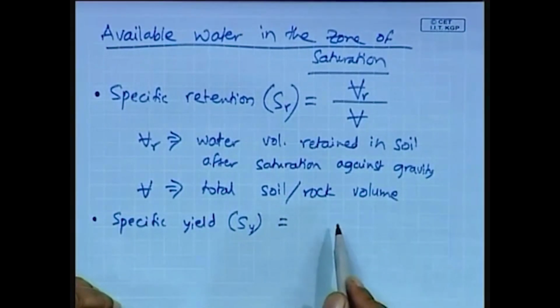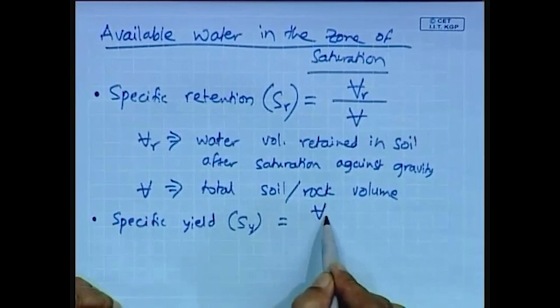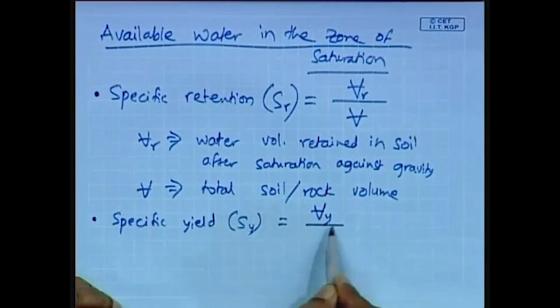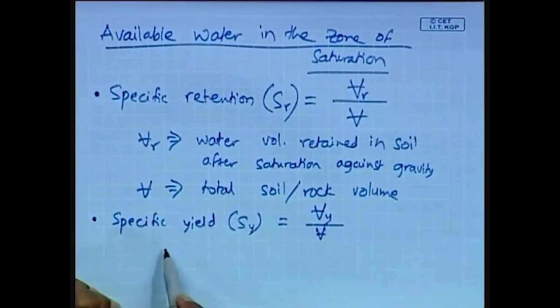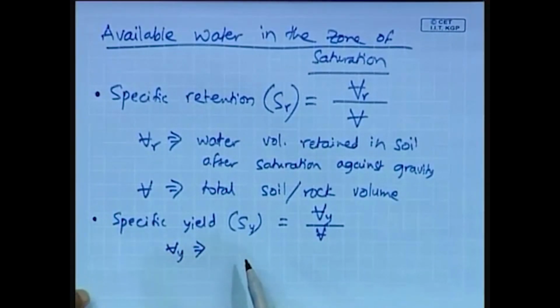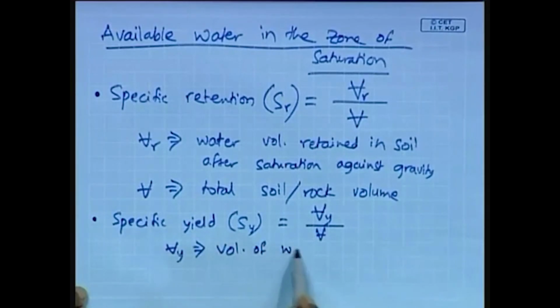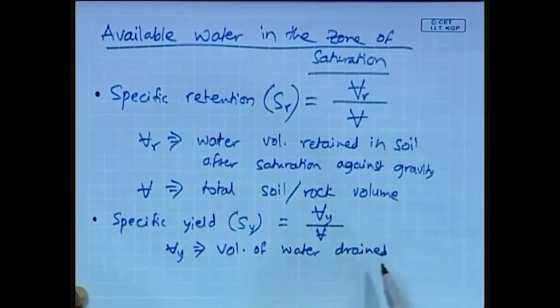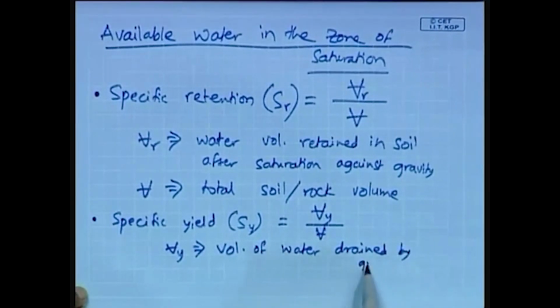So, this is equal to V y divided by V, where again V is the total soil or rock volume, and V y is the volume of water drained, and obviously, this is by gravity.